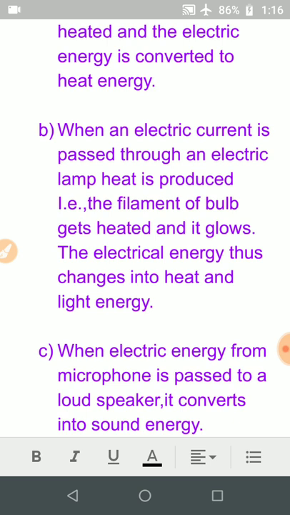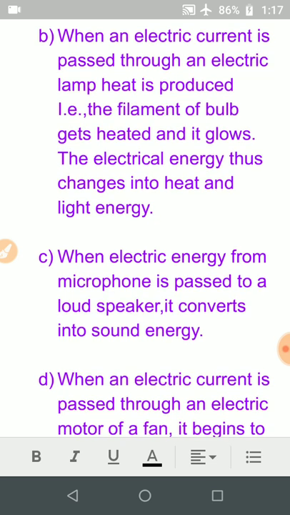In this example, we clearly observe two forms of energy, heat energy and light energy. That means the electric energy changes into heat energy and light energy.